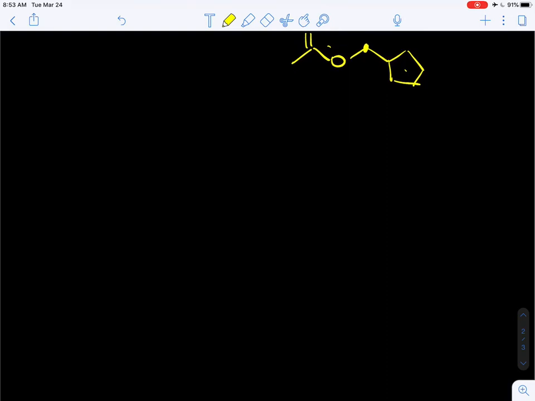There's a nice little problem that I located in the textbook here. And this is problem 2122. Let me just go ahead and take a picture of it here.